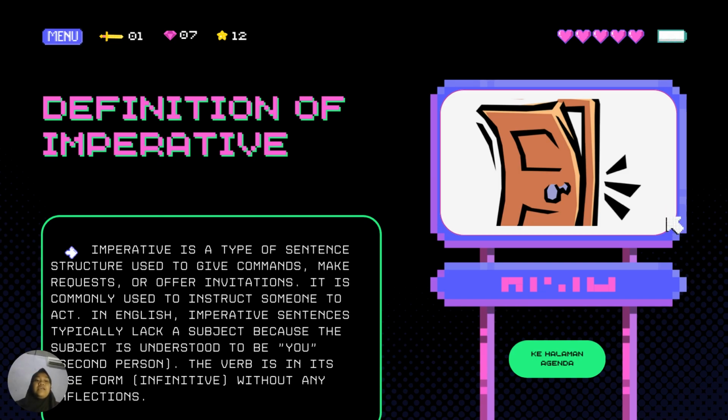It is commonly used to instruct someone to act. In English, imperative sentences typically lack a subject because the subject is understood to be you, second person, or the verb is based on the infinitive without any inflection.